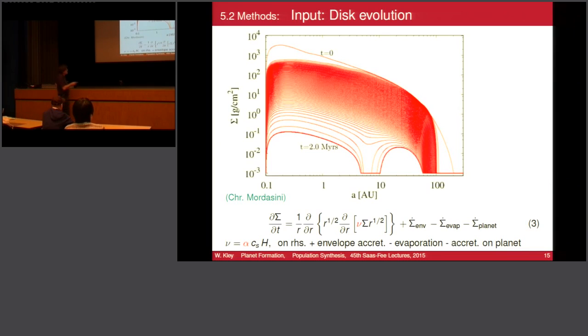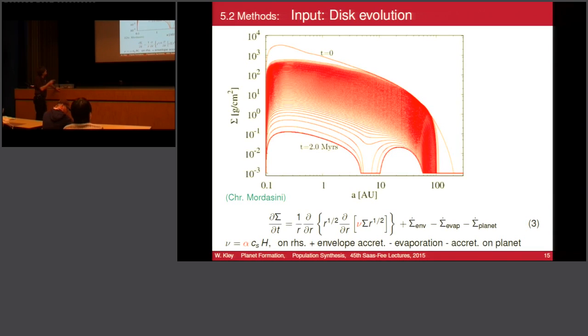This is envelope accretion. So there's still some material falling in the earliest phases of the disk, some material falling down on it, probably spread out with radius somehow. So you have a radially dependent accretion rate from the envelope. Then you have evaporation in time, which is shown here, by the way.